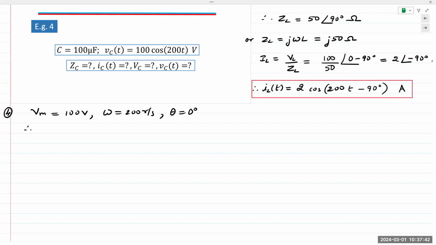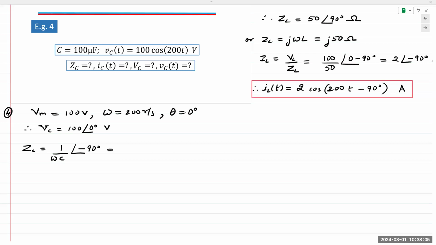So therefore, if I write out the phasor for Vc, it'll be 100 with an angle of 0, unit volts. Capacitor impedance Zc is 1 over omega C with an angle of minus 90.